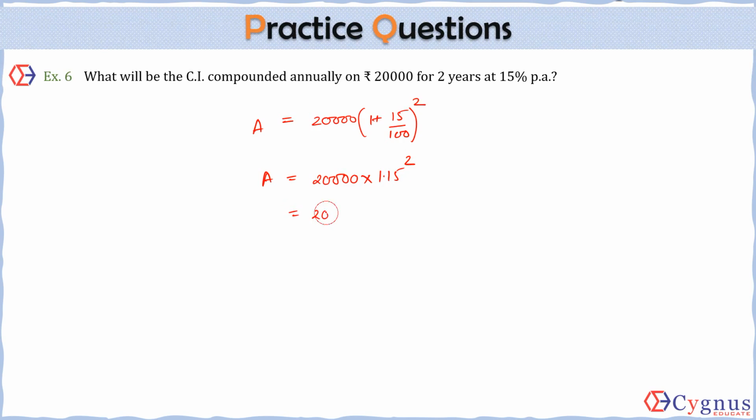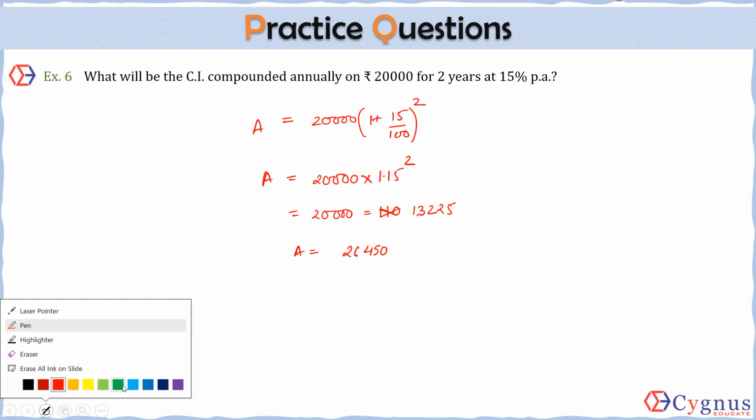What is 1.15 squared? It's 1.3225. 1.3225 into 20,000 comes out to be 26,450. So this is not the compound interest, this is the amount.